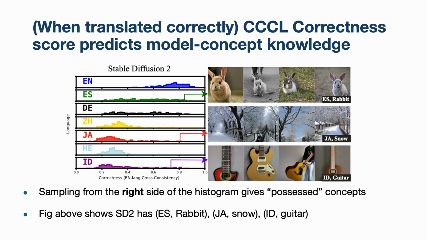Indeed, we can verify that these features are representative of the thing we're trying to measure by sampling from the right side of those histograms. So we can see that far rightward concepts on those plots, such as rabbit in Spanish, snow in Japanese, and guitar in Indonesian, are correctly generated by Stable Diffusion 2, validating that this automated feature does give us a good sense of whether a concept is correctly possessed.